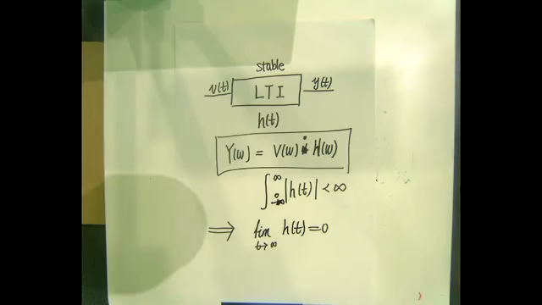But if I want to represent my system, a linear time invariant system, by its impulse response, I don't want to use the generalized Fourier transform. In the frequency domain, I can only handle a stable linear time invariant system. That means my impulse response as t goes to infinity will be 0.